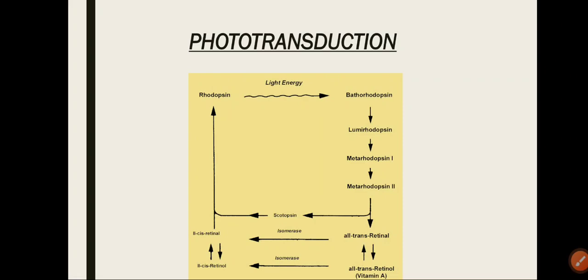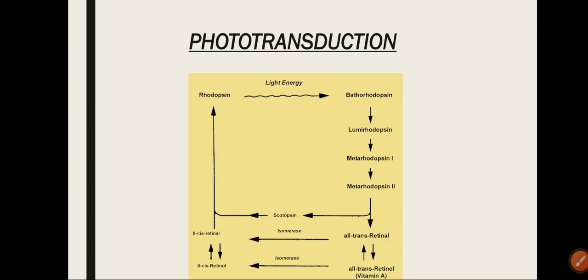Rhodopsin refers to the visual pigment present in the rods, the receptor for night, scotopic vision. Its maximum absorption spectrum is around 500 nanometers. Rhodopsin consists of a colorless protein called opsin, coupled with a carotenoid called retinene. Retinene is the vitamin A aldehyde, or 11-cis retinal.